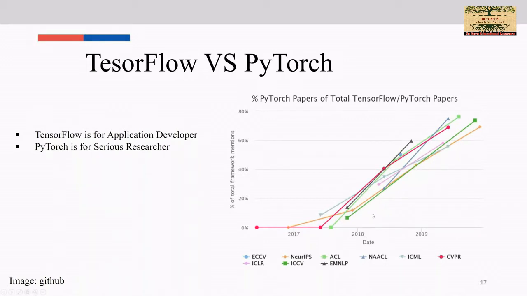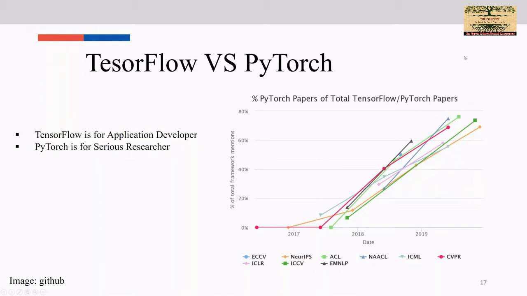You can see that day by day the popularity of PyTorch is really increasing. The graph shows the percentage of PyTorch papers out of total deep learning papers. So you can see that PyTorch is increasing rapidly.